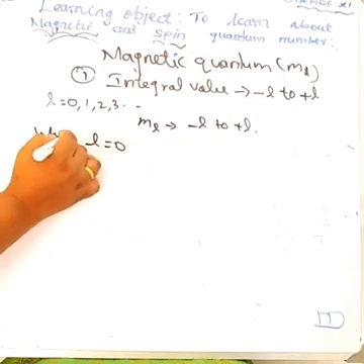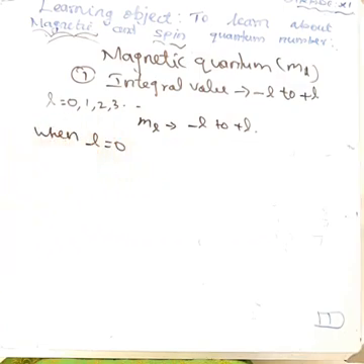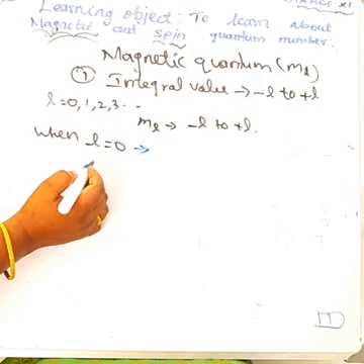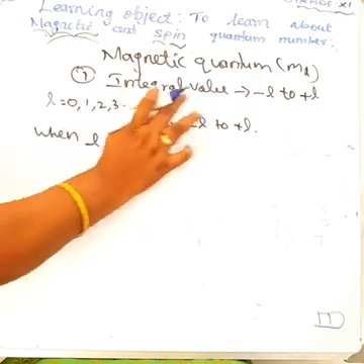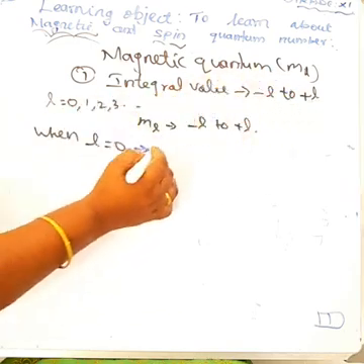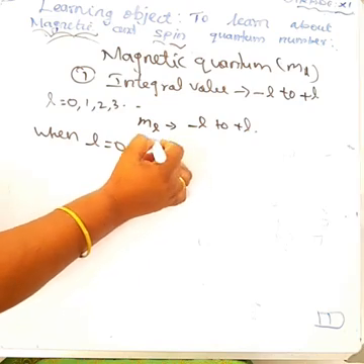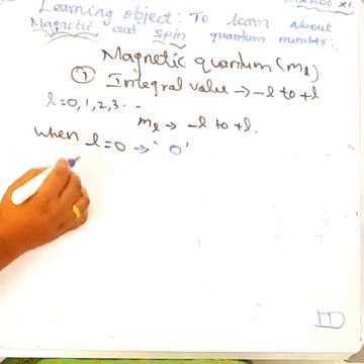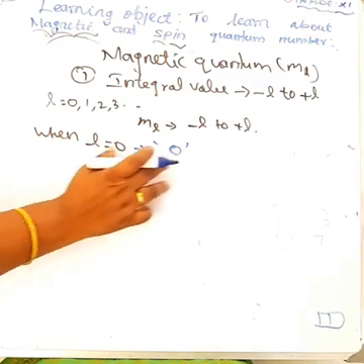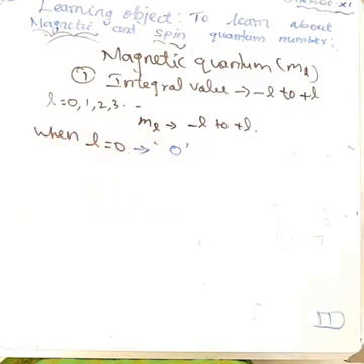What is the integral value of the magnetic quantum number for this subshell? It ranges from minus L to plus L. The L value here is 0, so the integral value of the magnetic quantum number is 0.